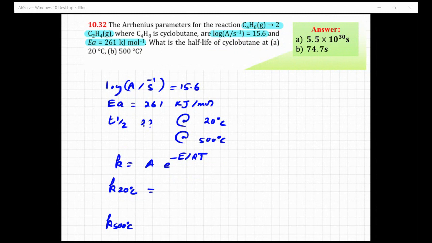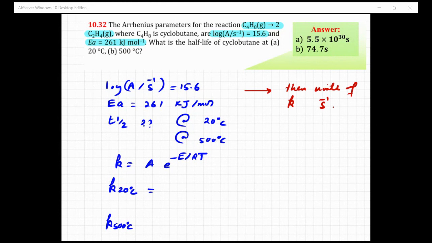Any information here? I concluded that units of k are second inverse. So what? Any conclusion from that?